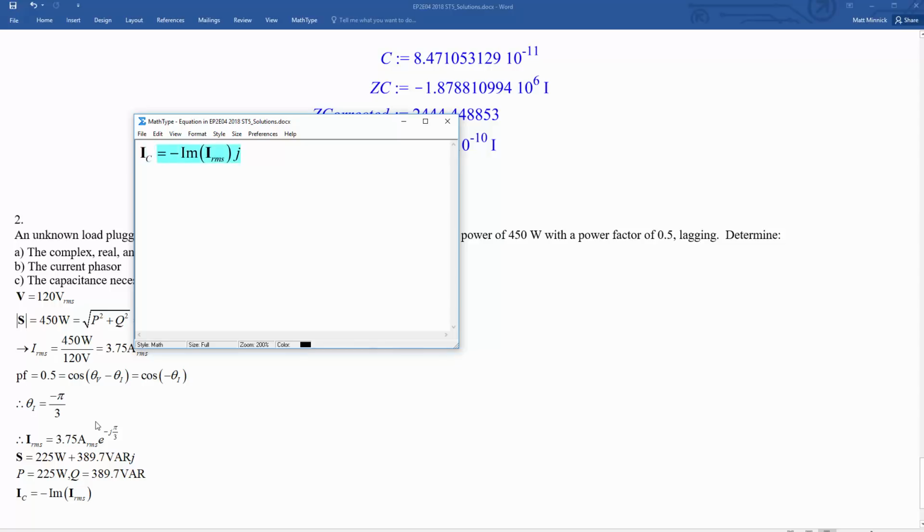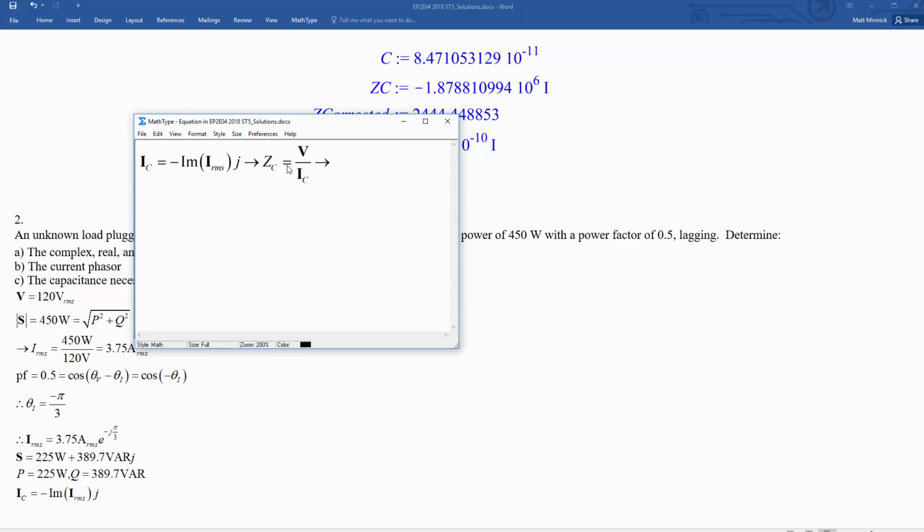This way it's just going to cancel out the previous current's reactive component. So if that is the current going through the capacitor, then we can figure out the capacitive impedance by saying that the capacitive impedance would have to be the voltage divided by the current that's going through the capacitor.